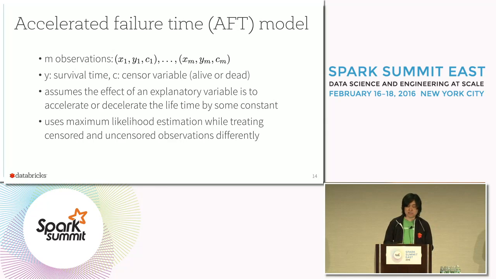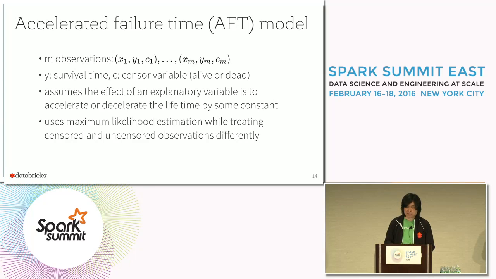In the accelerated failure time model, basically if you change the value in X, then it will accelerate or decelerate the lifetime by some constant. With certain constraints, this specializes the model into a log linear model. That's very similar to the linear models we introduced, but just replacing the variables by their logs.